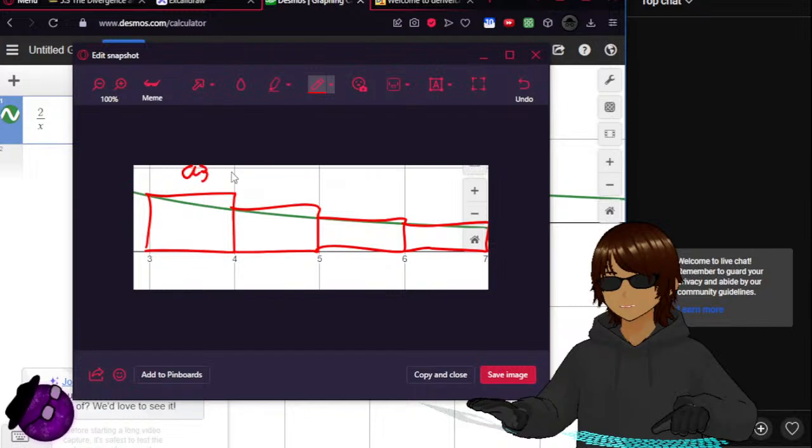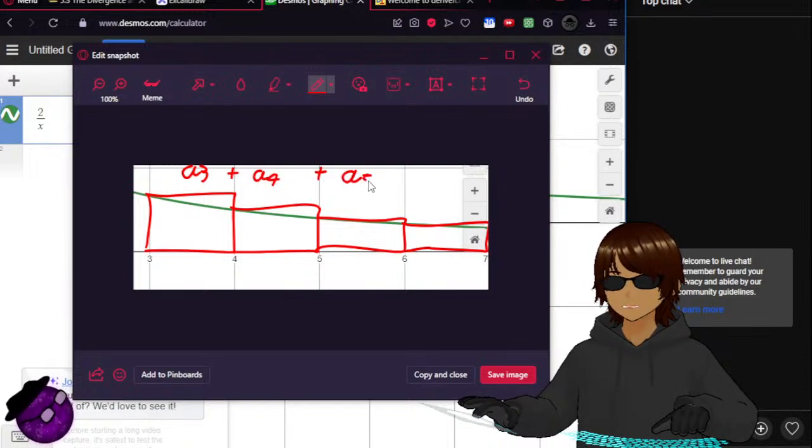a3 plus a4 plus a5 and then so on is r3, right?